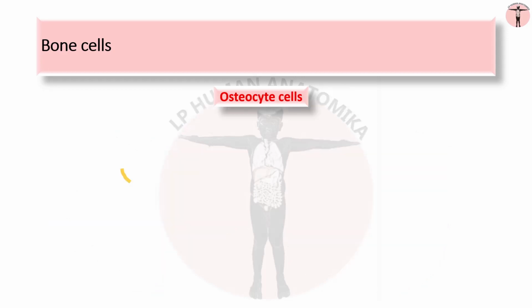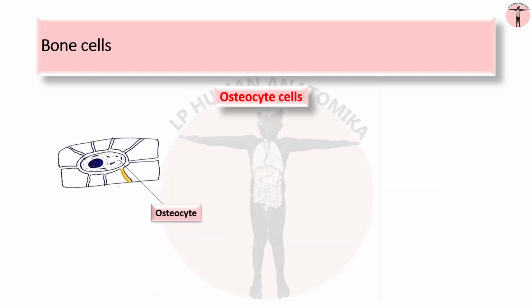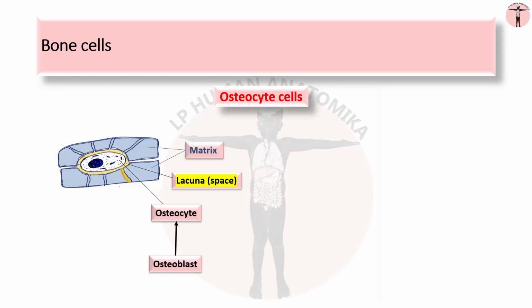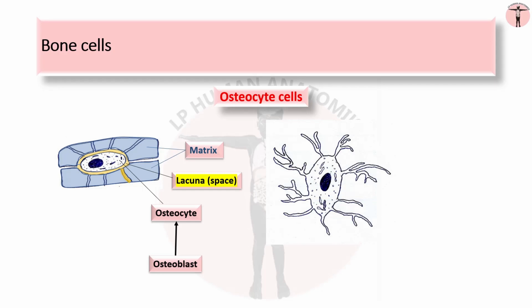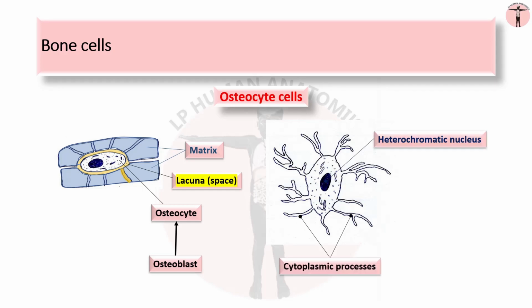The osteocytes are the main cells of the bone. They are derived from the osteoblasts and occupy spaces known as lacunae in the matrix. Only one osteocyte is found in each lacuna. They are flattened cells with a centrally placed heterochromatic nucleus and numerous cytoplasmic processes which occupy the canaliculi and radiate from each lacuna and permit diffusion of nutritive material.